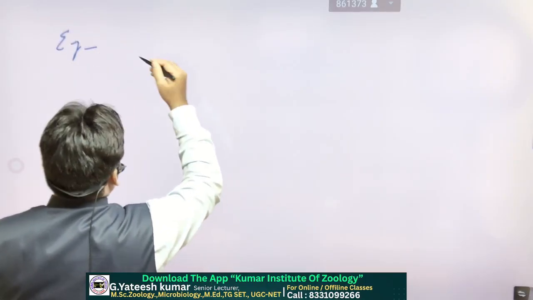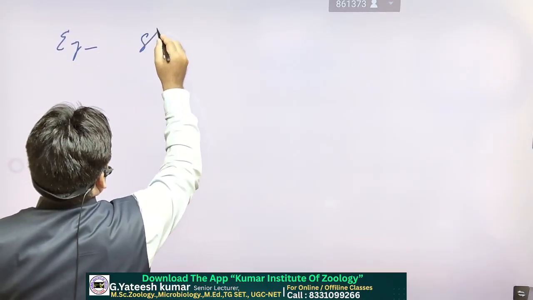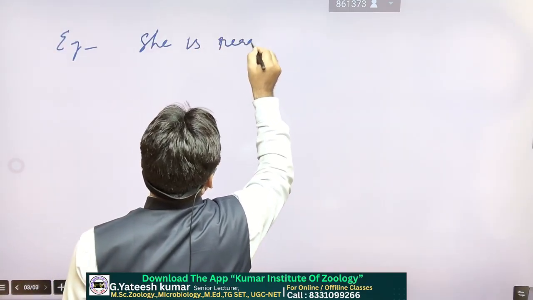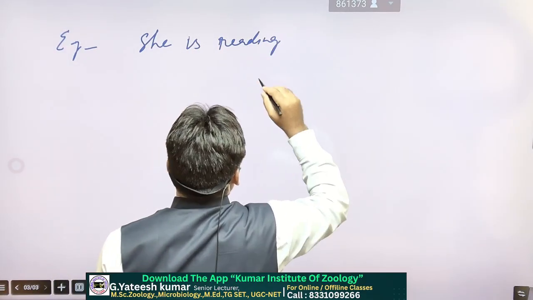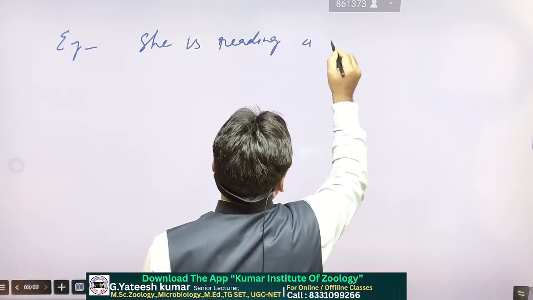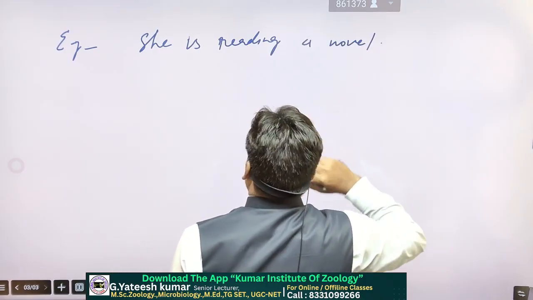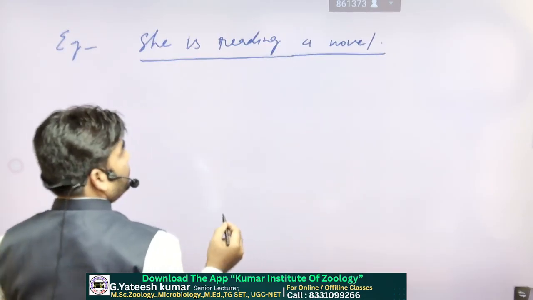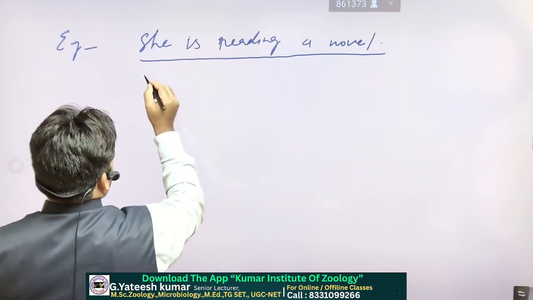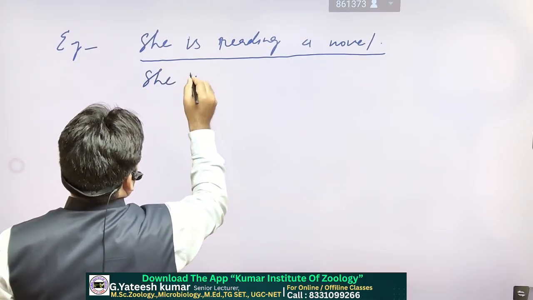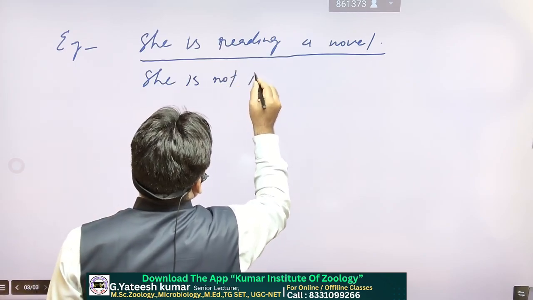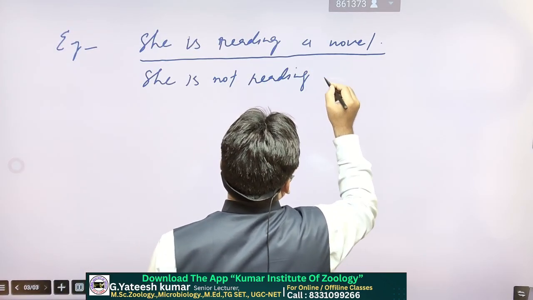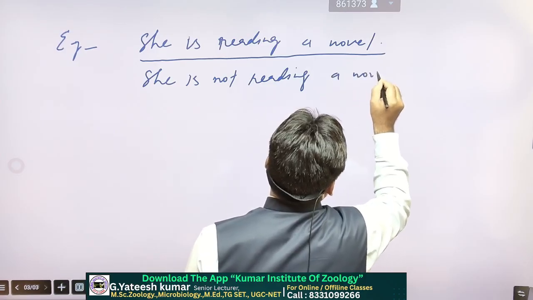Example: She is reading a novel. So here we are passing information positively. She is not reading a novel.